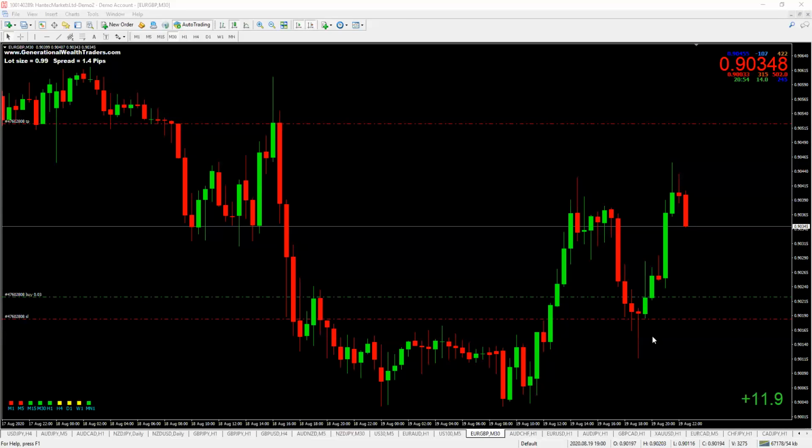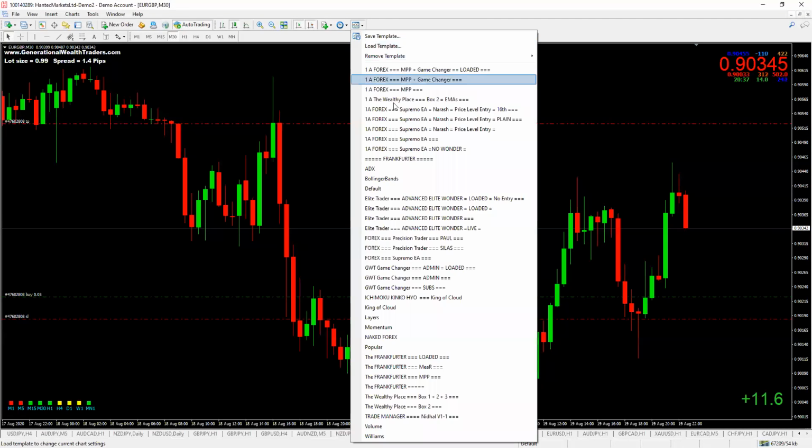Okay, so it's basically straightforward. Just to quickly go over it again, to bring it up, you would already have it saved up here in the template section, under the template tab. These are all the different setups, the different templates.